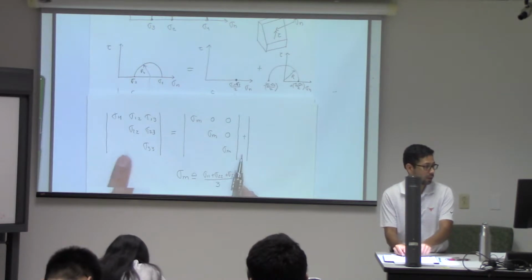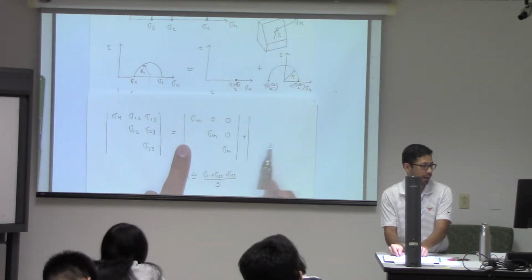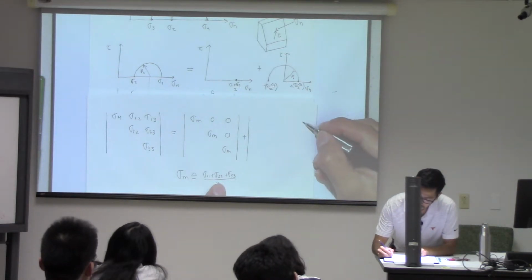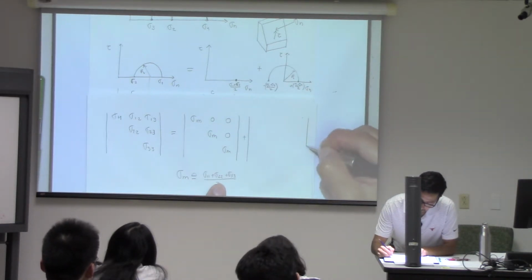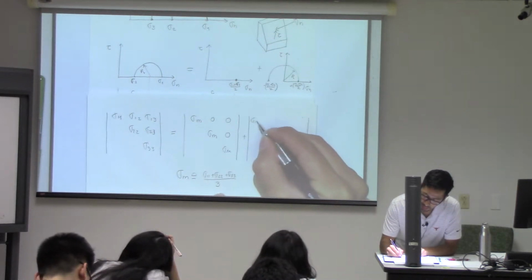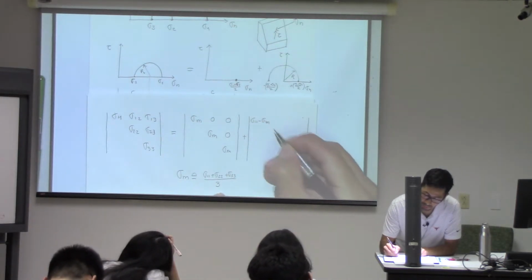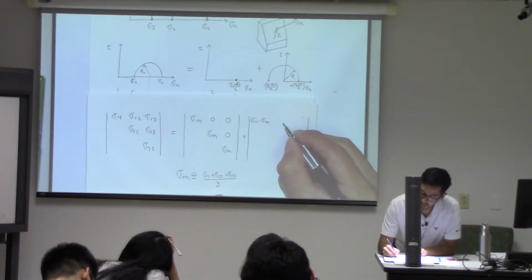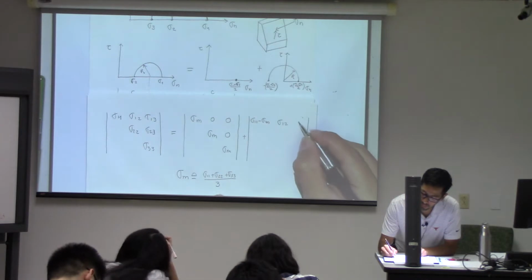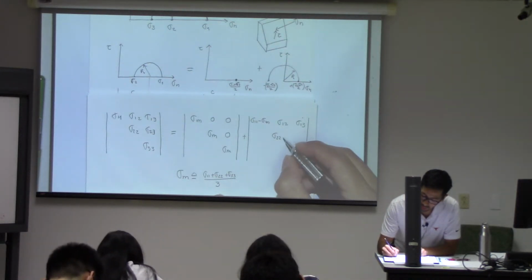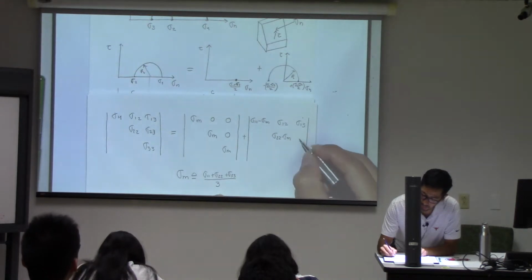If I want this one, when I add to that one, to be equal to this, it is going to be sigma 1,1 minus sigma m. What about sigma 1,2? It's going to be the same. Sigma 1,3 is going to be the same. Sigma 2,2 minus sigma m.